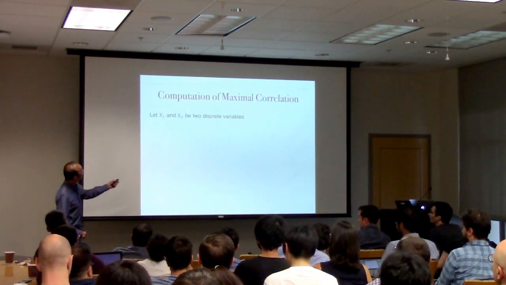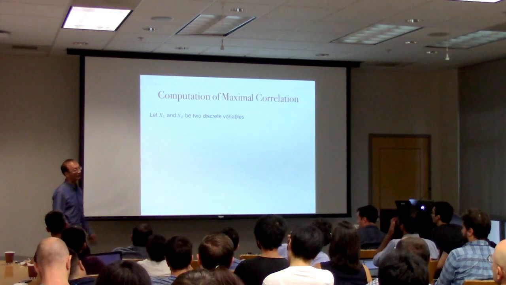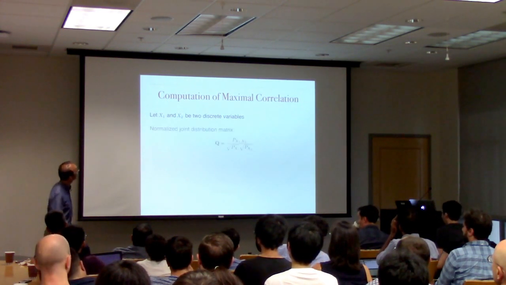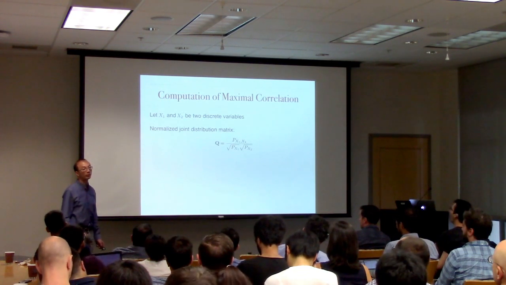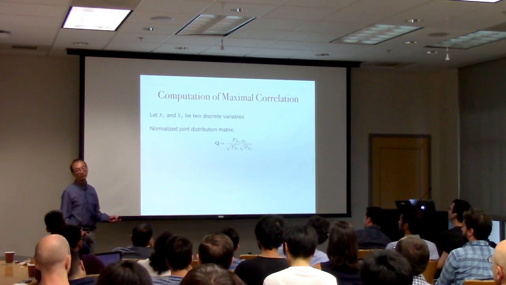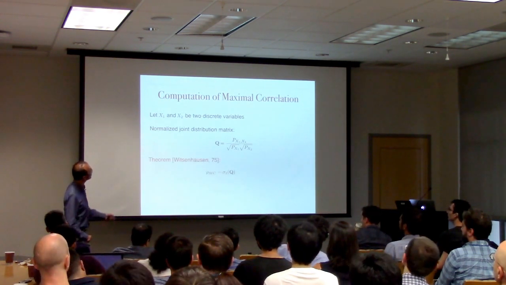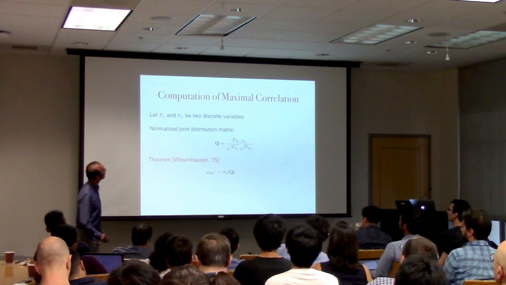For example, if you have 2 discrete random variables, x1, x2, categorical random variables, then you can compute the maximum correlation using a very simple computation. This was shown by Witsenhausen in 1975.